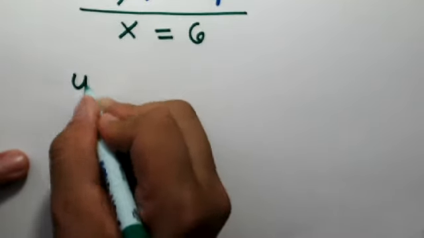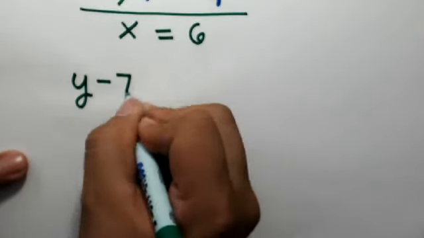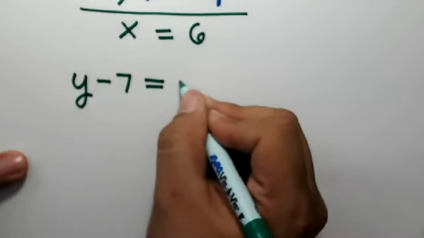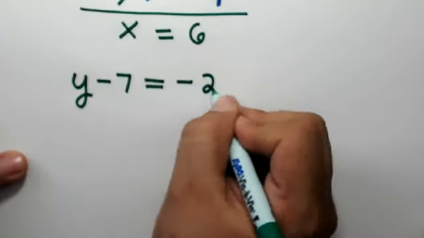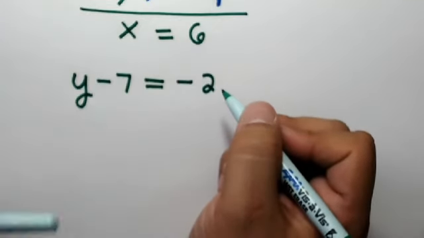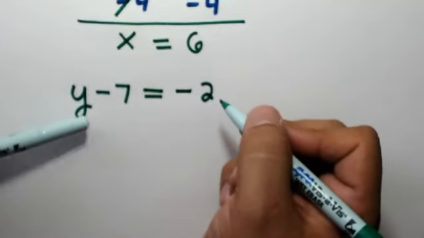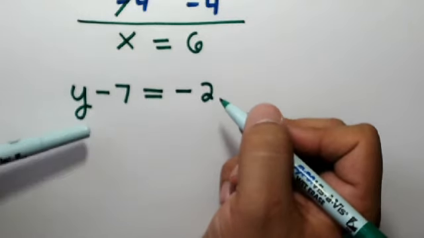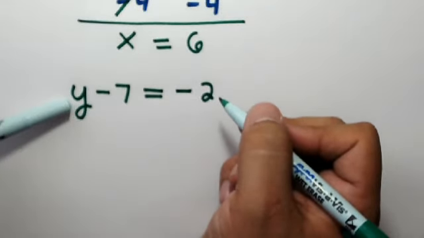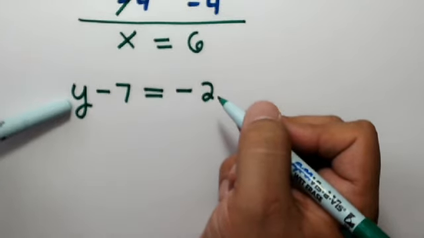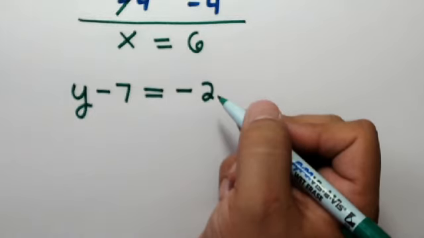If you look at the next one, y minus 7, and they're asking us to solve this, y minus 7 equals negative 2, we already know that the answer is what? Mental math, yesterday. Solve this by mental math, what would this be? 5. It's 5, okay.